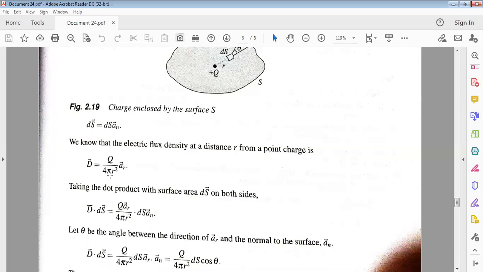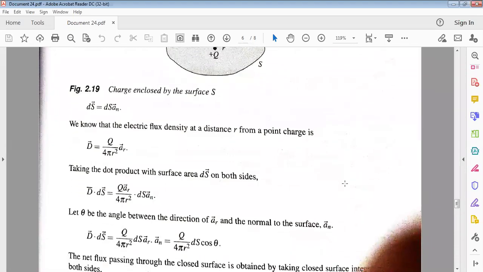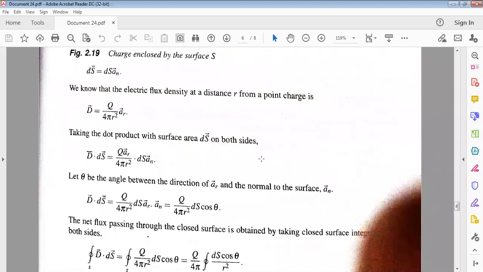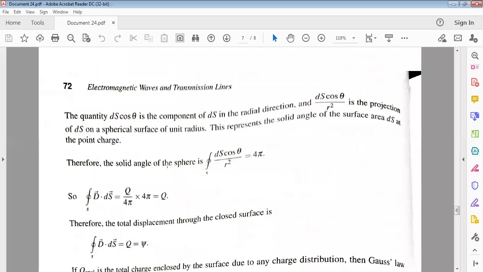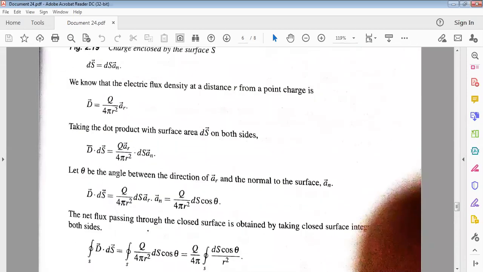Taking the dot product of D and dS, D dot dS equals Q by 4 pi r square into dS an into ar. Let theta be the angle between ar and an from that figure.